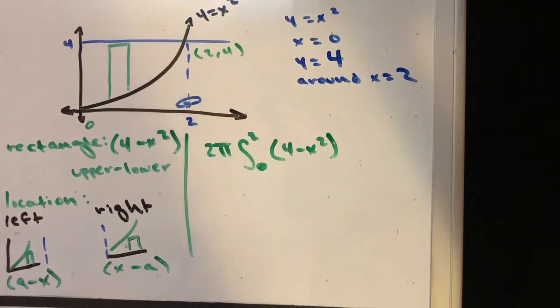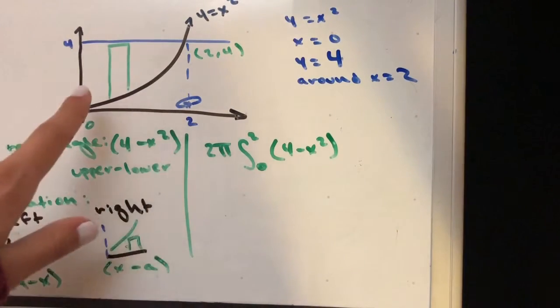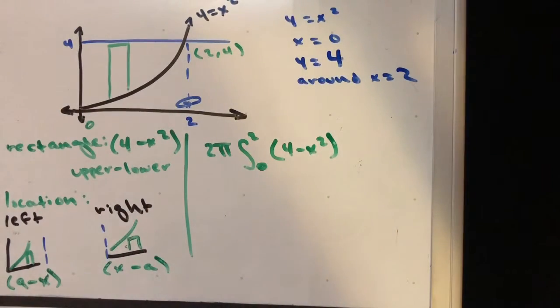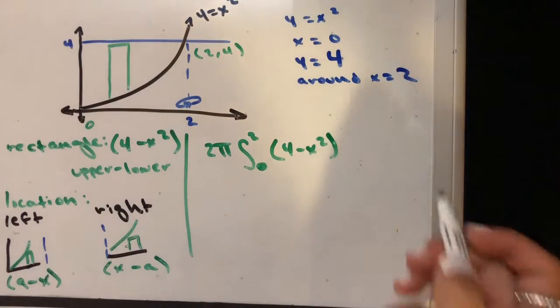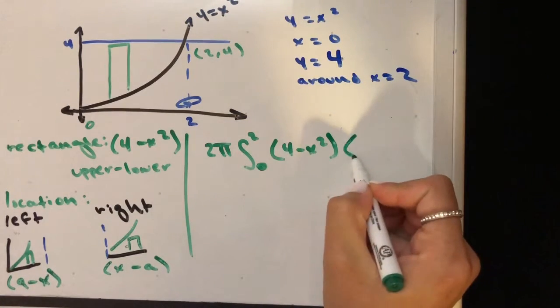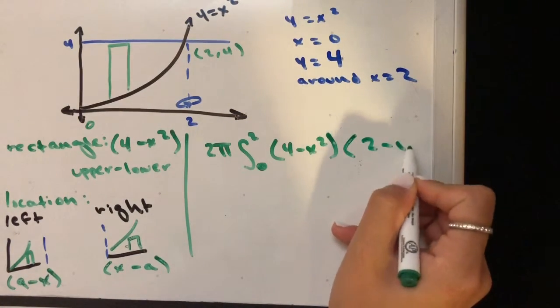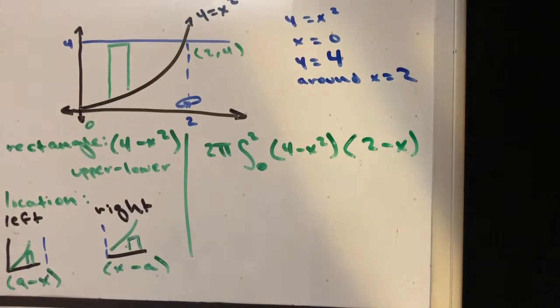And if your rectangle is to the right of the axis, like here, you would do x minus a. So here's our axis, here's our rectangle, it's to the left. We're going to do a minus x, which means we're going to do 2 minus x. And that's what we would end up integrating.